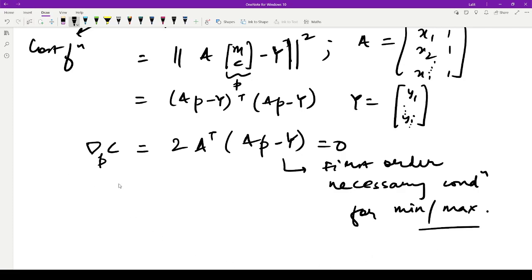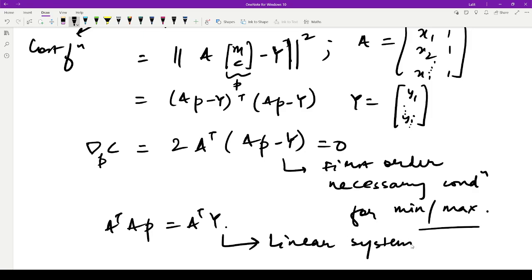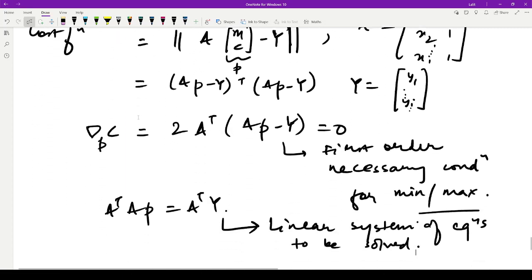So your second order condition will tell you whether it's a minimum or maximum. For this case, it turns out to be a minimizer. So once you equate it to 0, what you have? A transpose AP equals A transpose Y. Okay, so this is the set of equations. This is the linear system of equations to be solved for our specific case of line fitting problem.